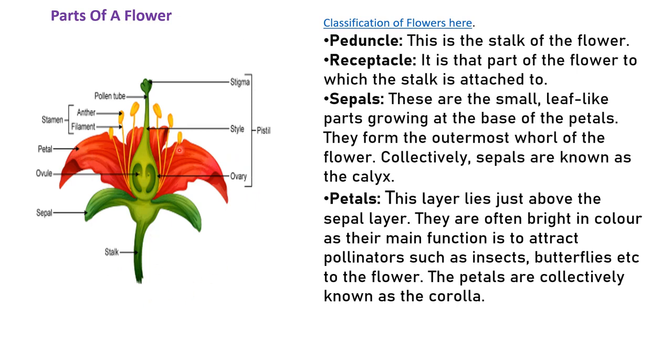So what is a petal? Petal is the whorl, and the whorl of petals is known as corolla. The petals are very colorful in some plants, which is basically to attract insects, right? And why attract insects? That is for pollination, which we are going to discuss later.